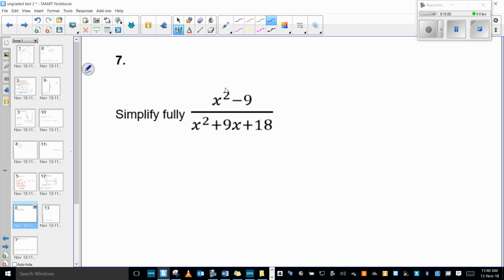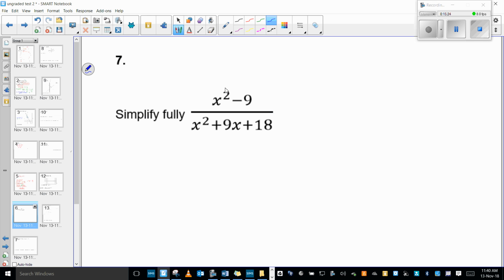So what process do we have to use before we can simplify this? Ready? We're going to factorize. Good. Okay? Because factorizing tells us our brackets are being multiplied by each other. That's the key word there, multiplying. So, what do we do with the top line?